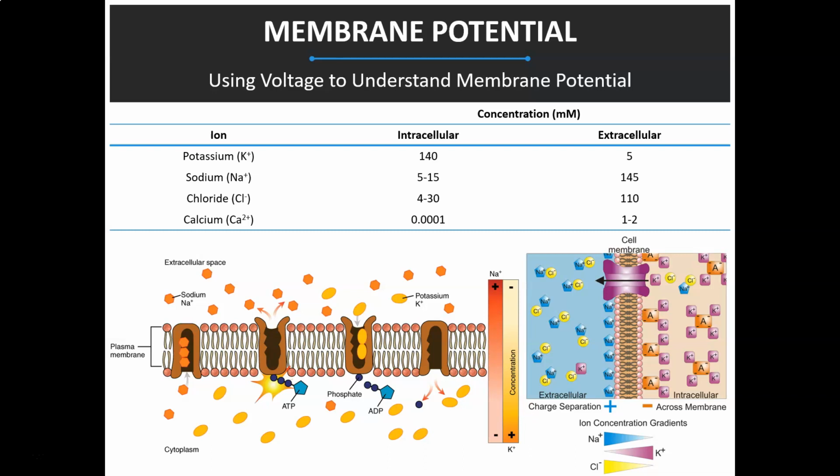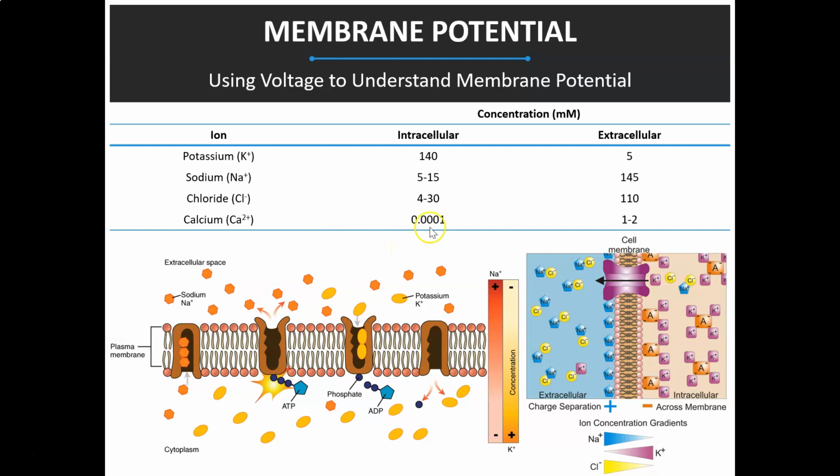As shown, the outcome is a greater concentration of sodium outside the cell relative to inside, and a greater potassium concentration inside the cell compared to out. Millimolar concentrations of these ions in the extracellular and intracellular spaces of a typical neuron are shown in this table.